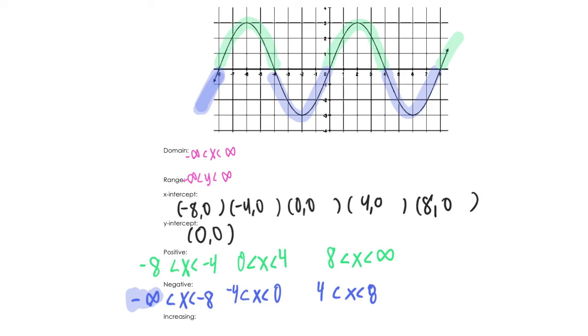Let's now try the increasing versus the decreasing portions of the graph. Increasing, graph is going up. Decreasing, the graph is falling. Still write them in terms of x.